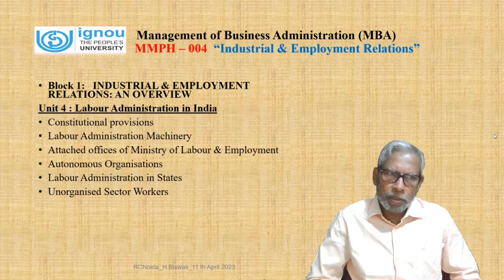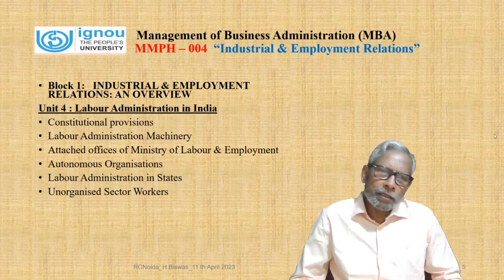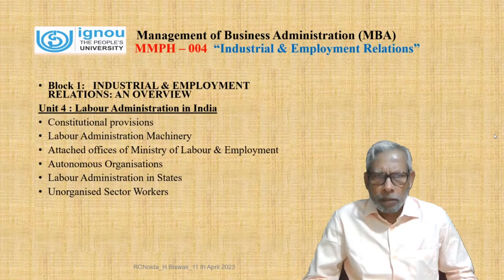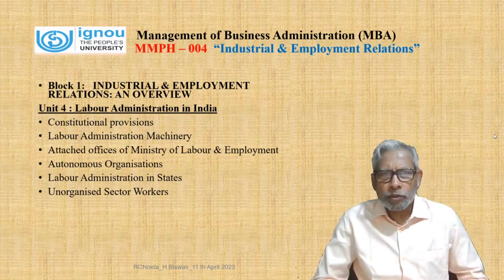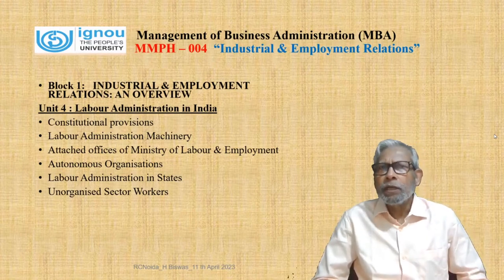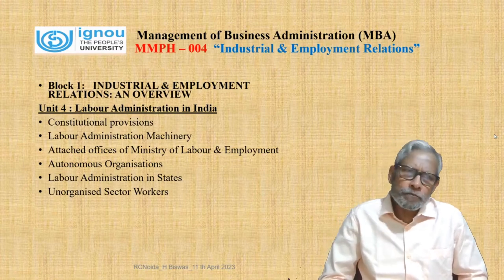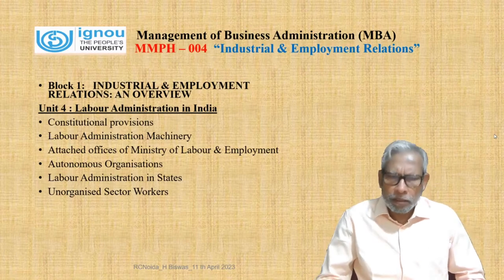So unit number 4 basically contains the constitutional provisions and the departments, and what the role and responsibility of each department is in terms of industrial relations. That is already saturated. I mean, the statutory rules and regulations, and the responsibilities and roles, everything is defined.